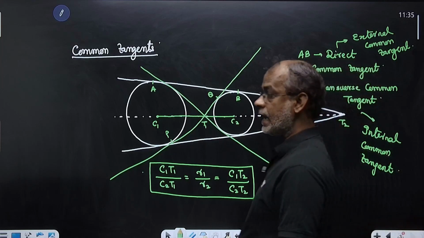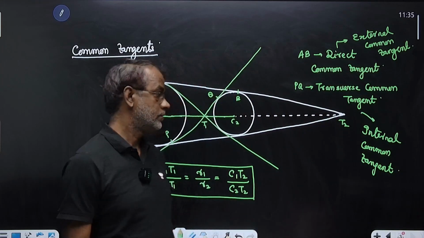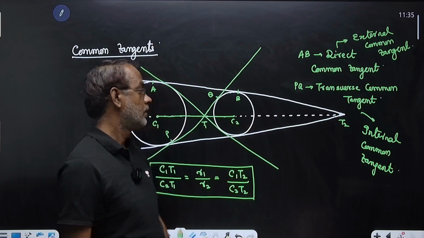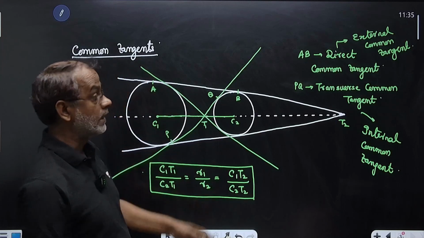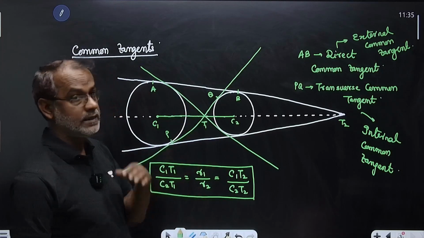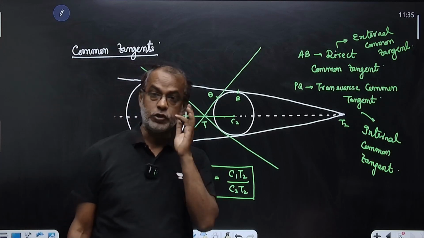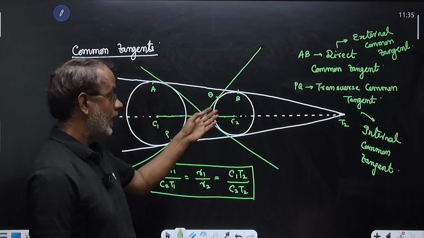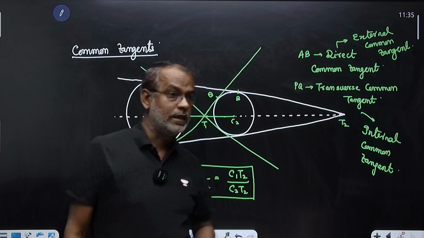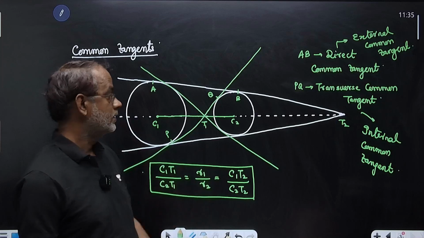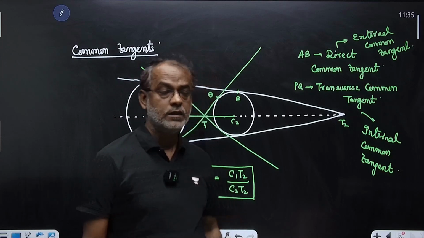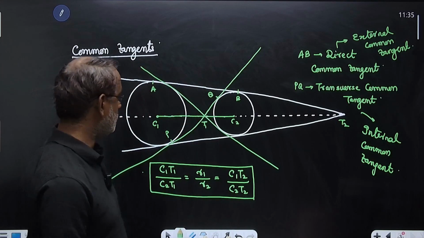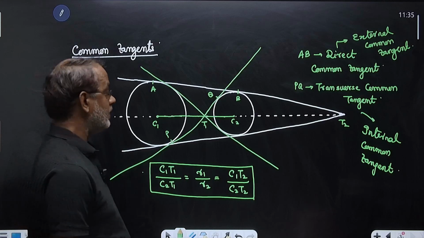That the line joining the centers. The internal common tangent divides the line joining the centers in the ratio of radii internally. The external common tangent divides the line joining the centers externally in the ratio of radii.